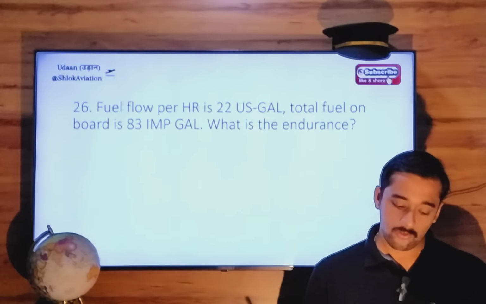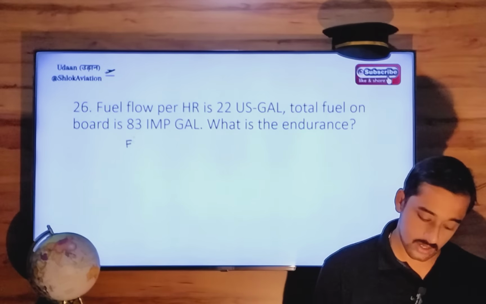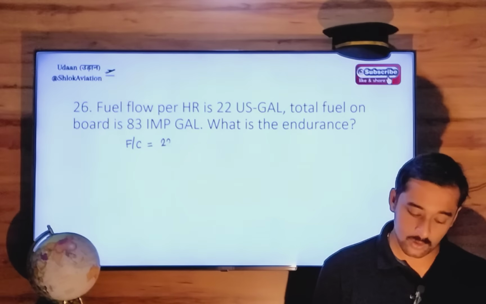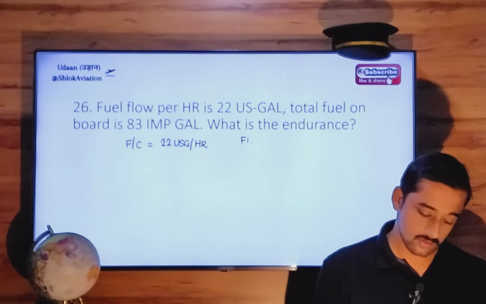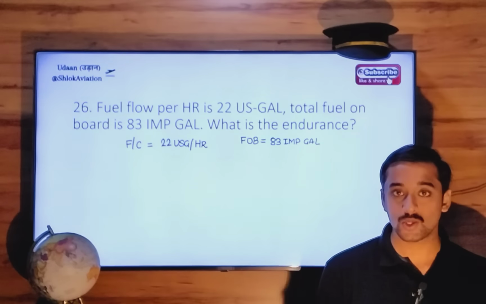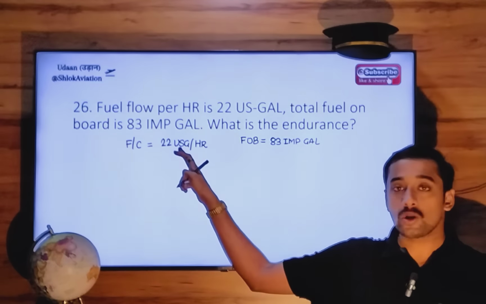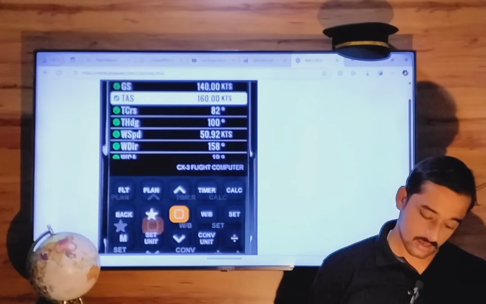Next. Fuel flow per hour is 22 US gallon. So fuel consumption rate is 22 US gallons per hour. Total fuel on board is 83 imperial gallon. Now convert this imperial gallon into corresponding US gallon so as to bring both units at par.